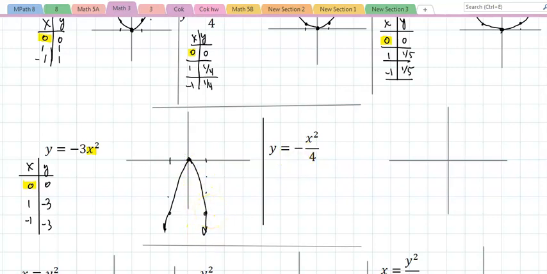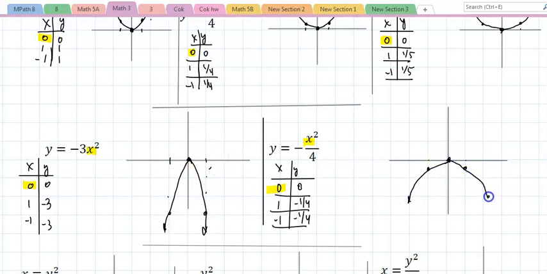And here the same deal. If I pick an x and a y, if I take where this equals 0, that is at 0, a point above it and a point below it, and hopefully we're getting that idea. 0, 0, 1, negative 1/4, and negative 1, negative 1/4, and I notice this is a lot wider than this graph.